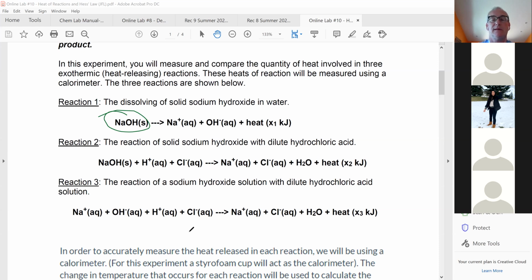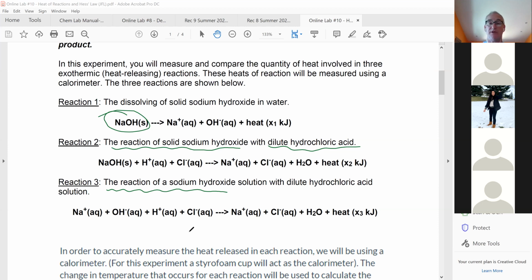has both solid sodium hydroxide dissolving in water and being neutralized by the hydrochloric acid. So it's actually two reactions. So reaction 1 is just the dissolving of the sodium hydroxide in water. And reaction 3 is the sodium hydroxide ions that are now already in solution being neutralized.